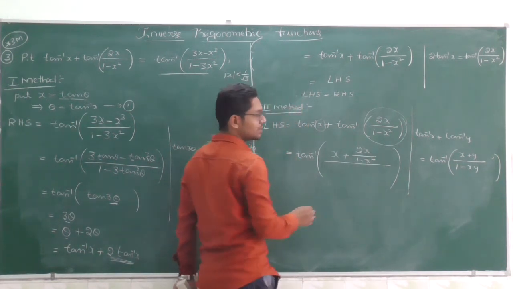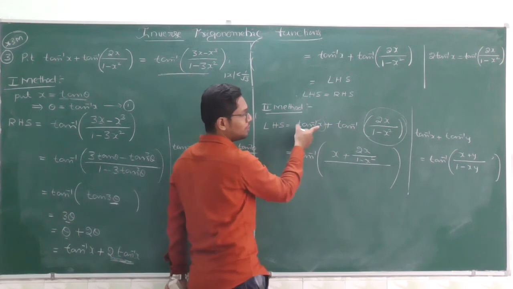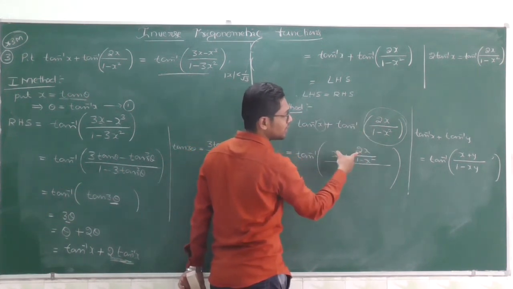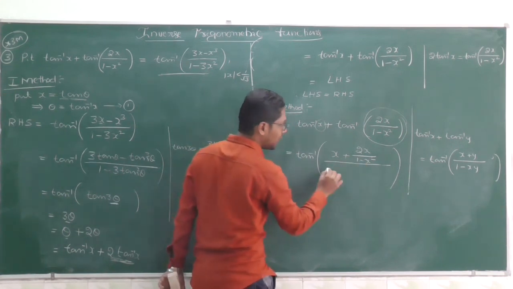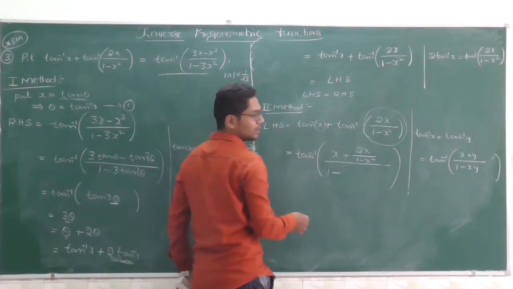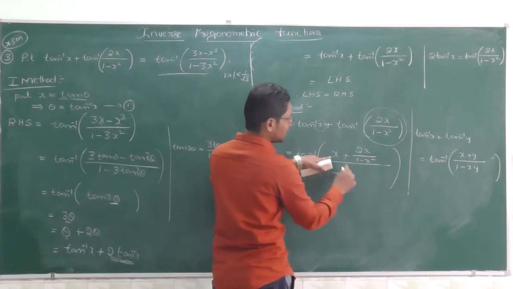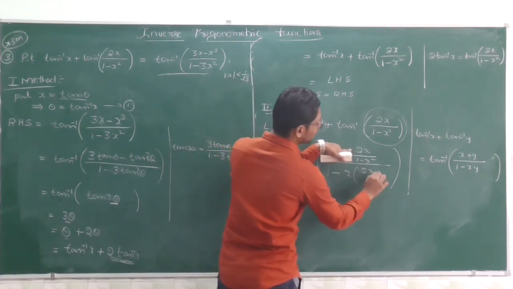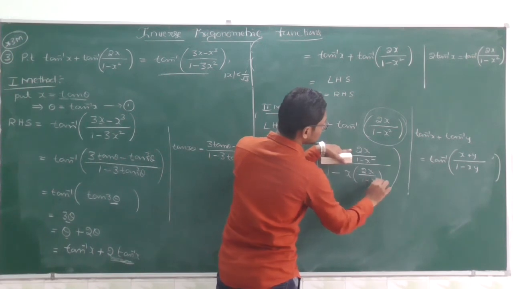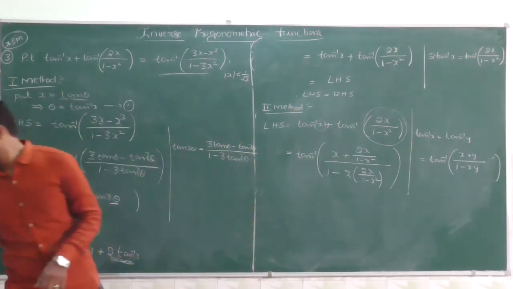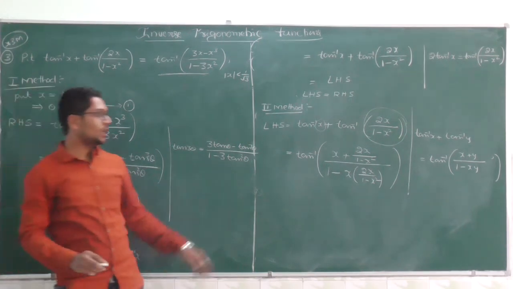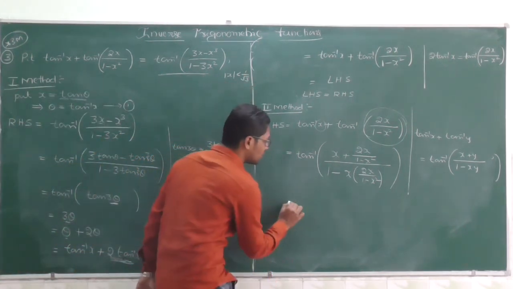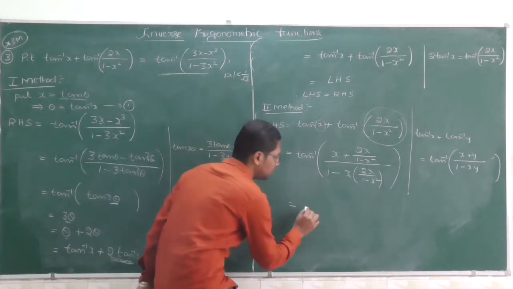So x plus 2x by 1 minus x square, divided by 1 minus x into 2x by 1 minus x square. Here I applied the property.